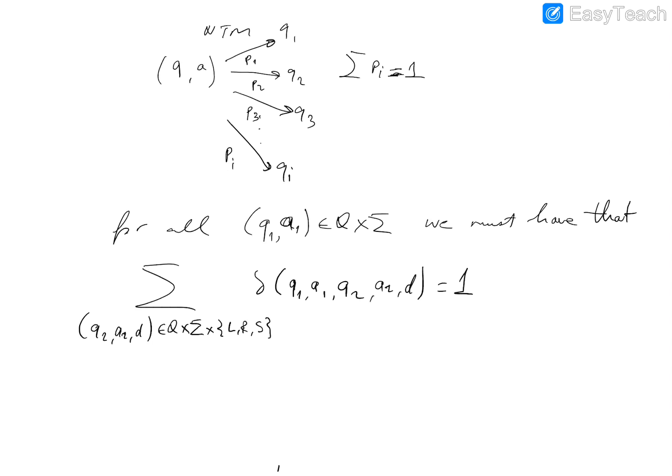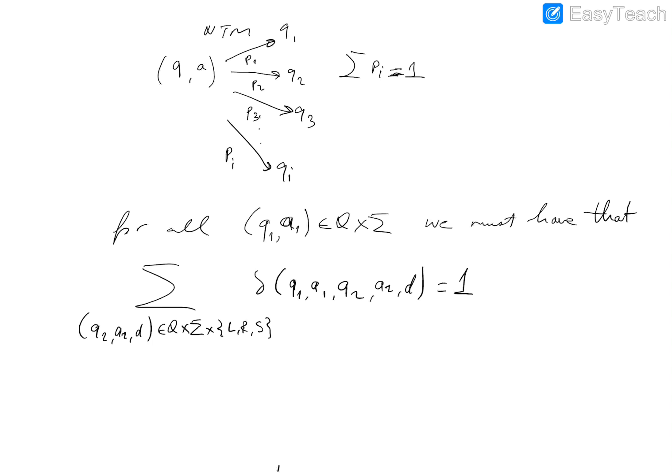The summation must be equal to 1. Okay, this is for the normalization. We may assume that each Pi here is a rational number. It could be a real number, but for computational purposes, let's assume that it's a rational number.